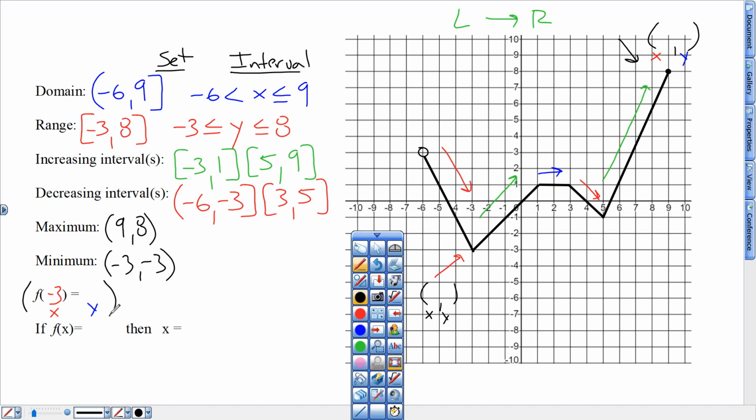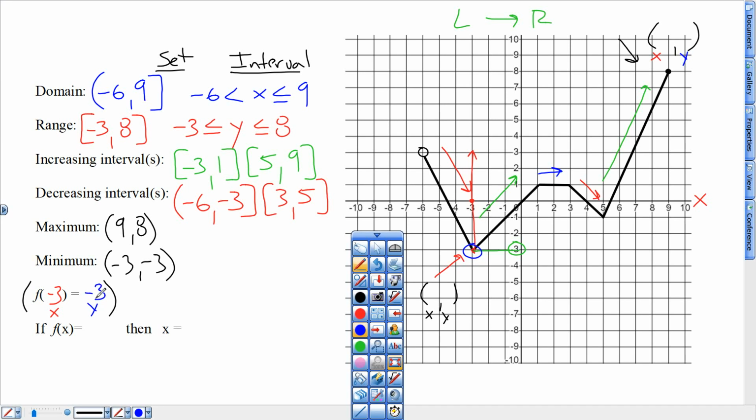So that means I go over to -3 on the x-axis, and then I either go up or down until I hit that line, and then when I make contact with that line, I look over and see what that y-axis number is. So when x is -3 right there, this coordinate shows me that y is also -3.